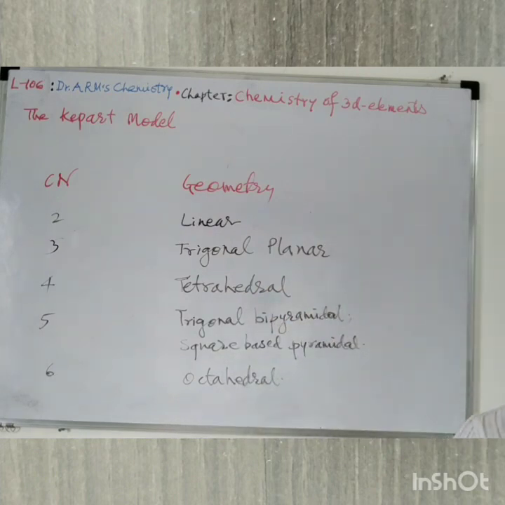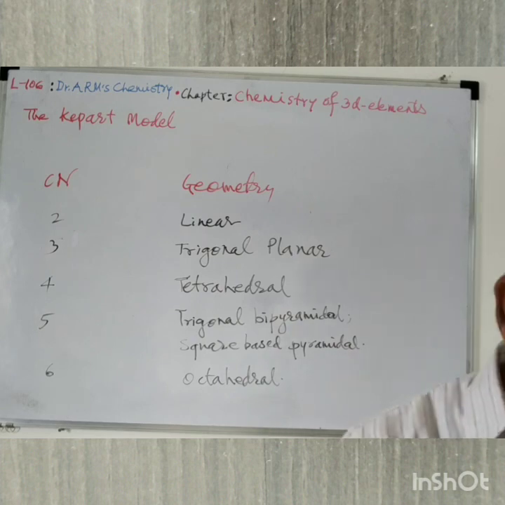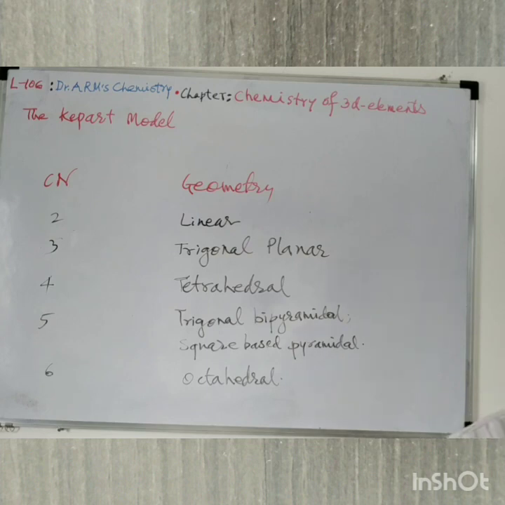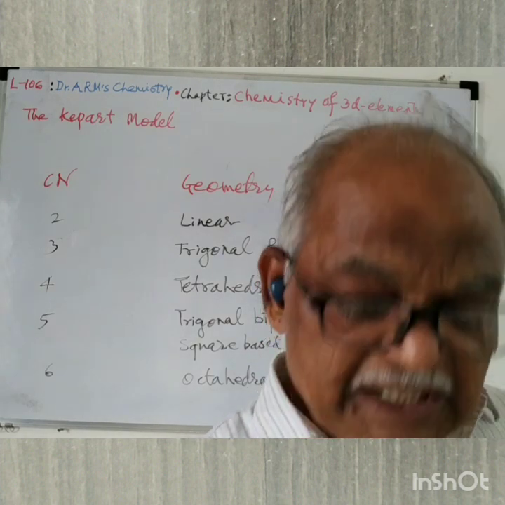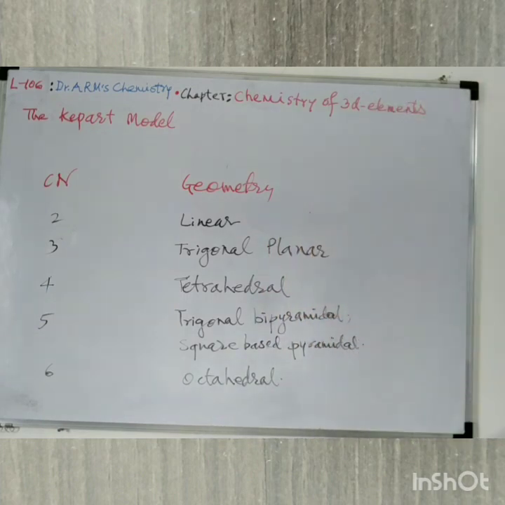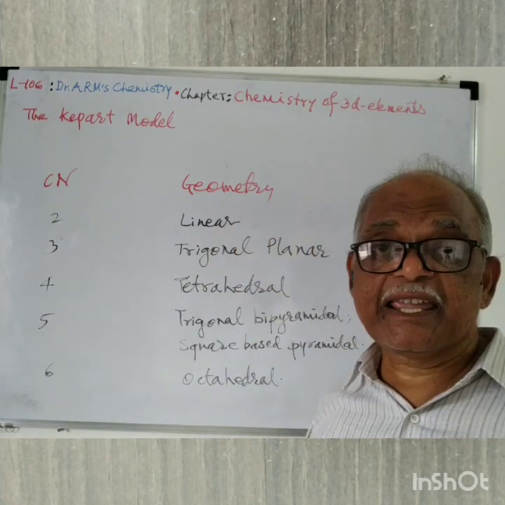So, according to Kepert, these are the possibilities of geometry. We have already discussed a variety of geometries depending upon coordination number in previous lectures in a tabular form. Some of the arrangements given in that tabular form are the same as given by the Kepert model.